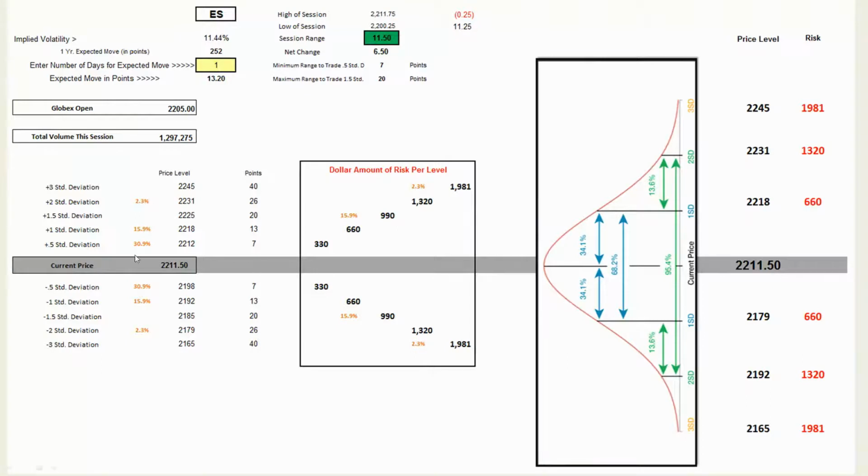It's got a 30% probability that it's going to stay below that, but the probability of it challenging or breaching that is twice that. So it's 62%. So 62% of the time, you should expect it to go to 2212 or down to 2198, and that's what I hope I can get across.